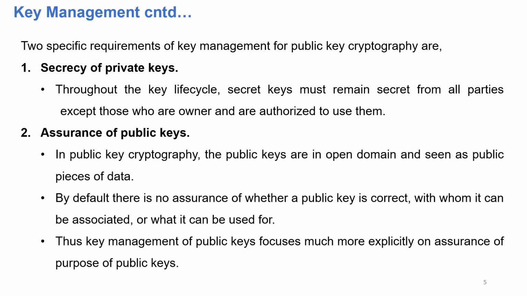Hence, key management of public keys focuses more explicitly on assurance or the guarantee of the purpose of the use of this public key, the purpose with whom it is supposed to be associated, and whether the public key that is being sent is correct or not.